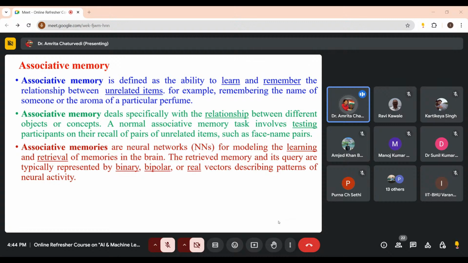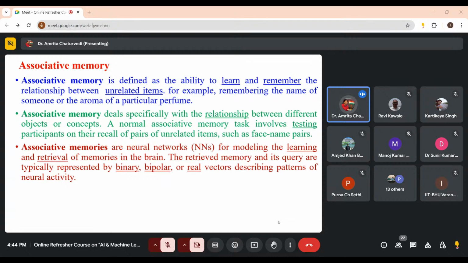That is the ability to learn and remember unrelated items. The same capability of the human brain has been emulated in the form of associative memory networks. This is defined as the ability to learn and remember the relationship between unrelated items, for example, remembering the name of someone or the aroma of a particular perfume.